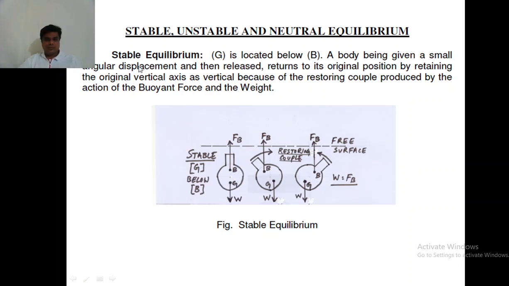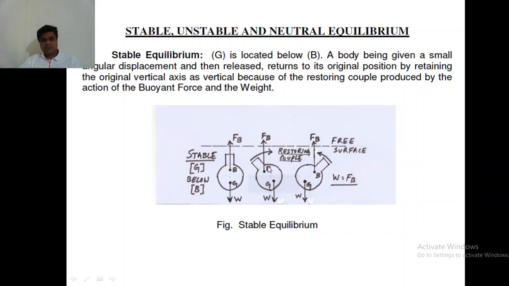That is called stable equilibrium. This is possible only when G is located below the center of buoyancy. Whenever you try to make it imbalanced, this couple will be formed and it will restore the object to the stable equilibrium condition.